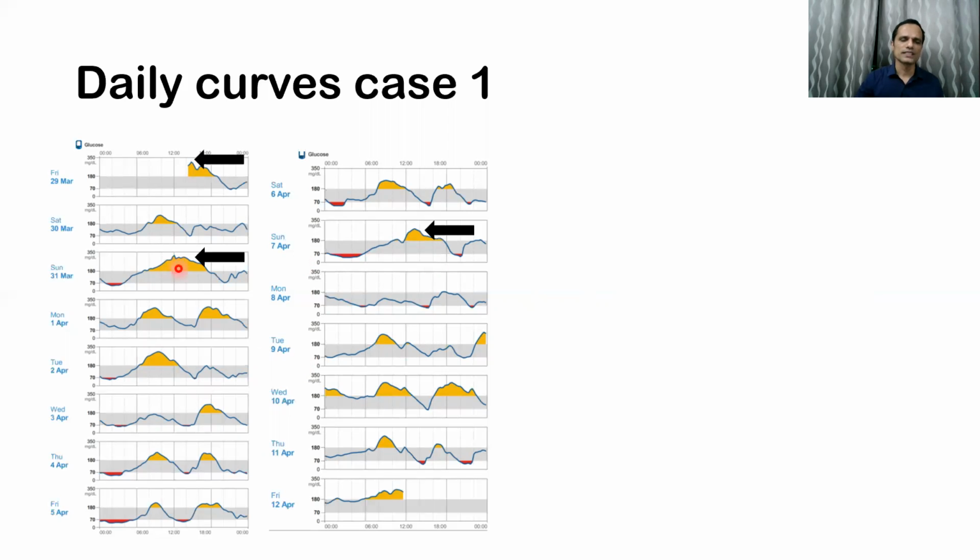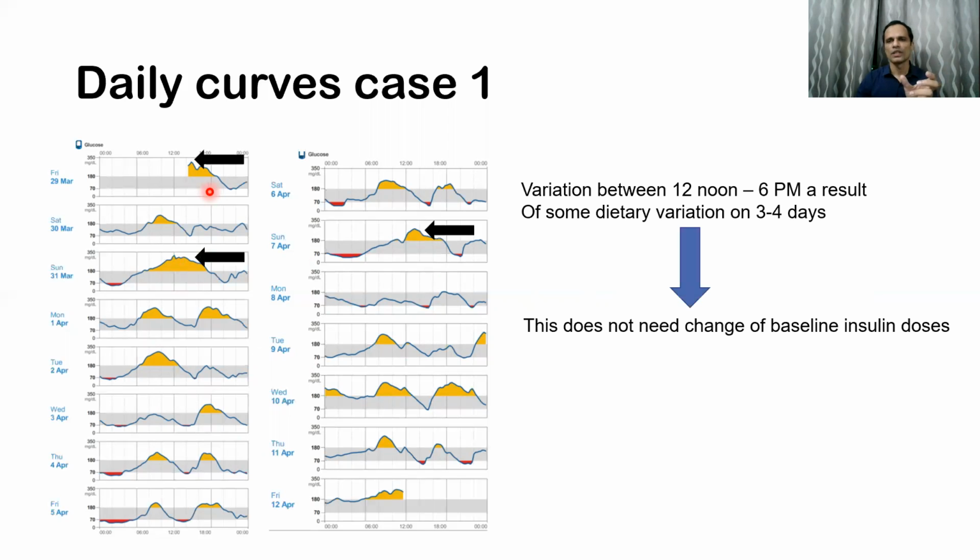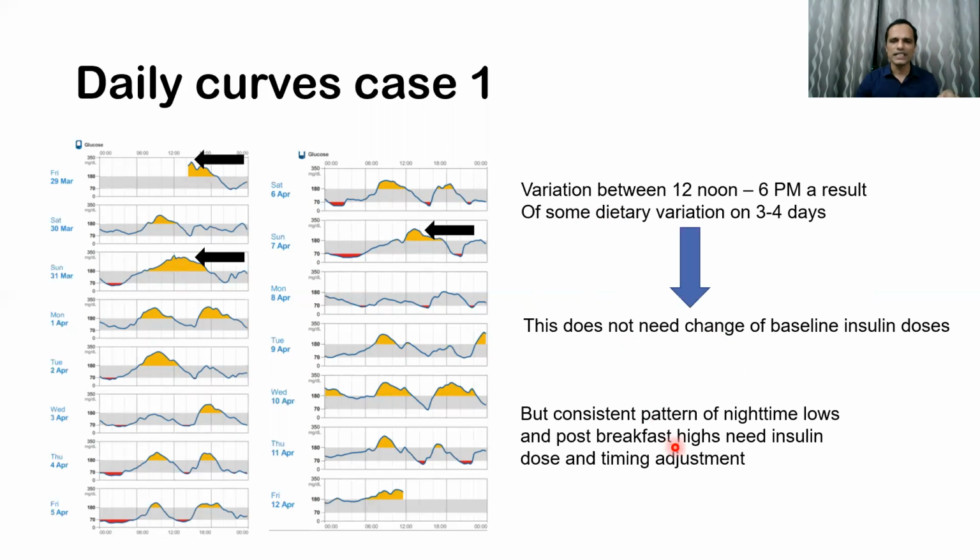And on a few days, there have been high sugars in that particular time of interest where the interdecile range was high. When this is happening on a few days, we don't need to change the baseline insulin dose for correcting this particular problem. But for the pattern of nighttime lows and the post-breakfast high, we might need to make adjustment to insulin dose or time.